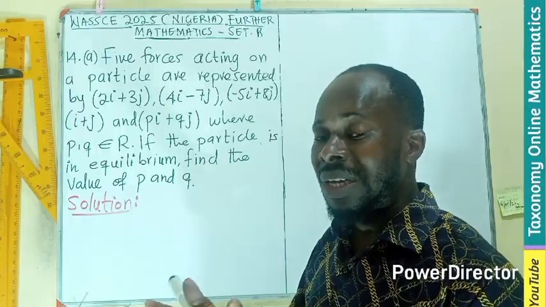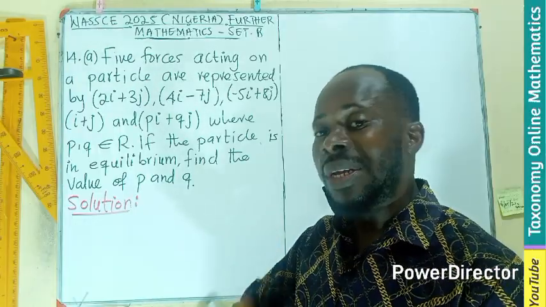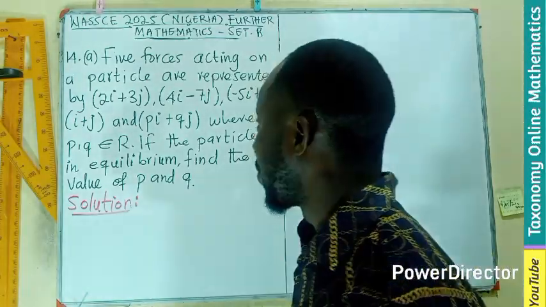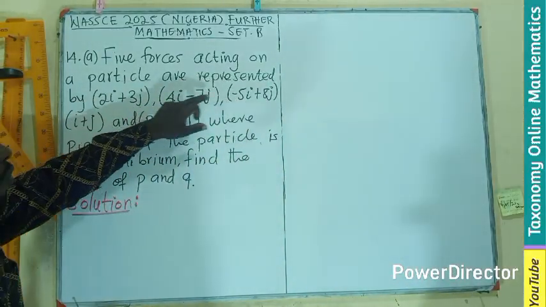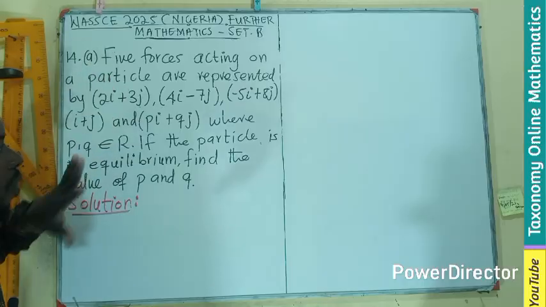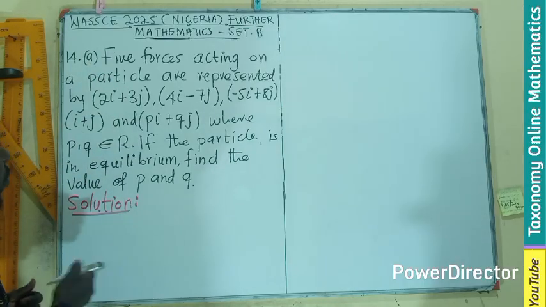We can transform it into the vector column form, then apply the addition. If I have force 1, force 2, force 3, force 4, and I add all of them, I should get 0. What will I do?